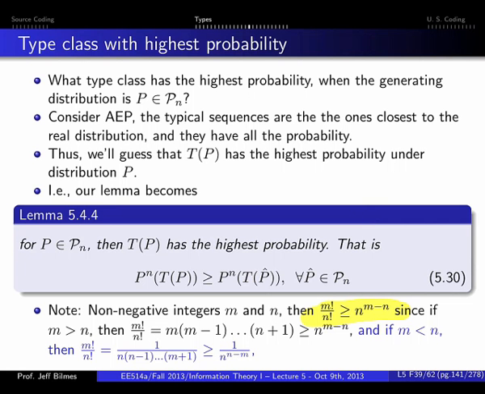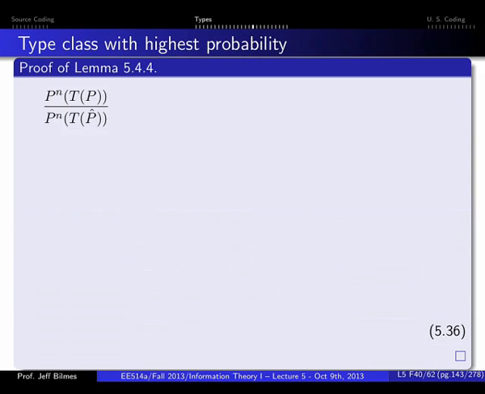You can just go through that. It's all written there. So we're going to use this fact in the following proof of theorem 5.4.4. And the proof of 5.4.4 starts with this ratio. And we're going to show that this ratio is greater than 1 or less than 1.